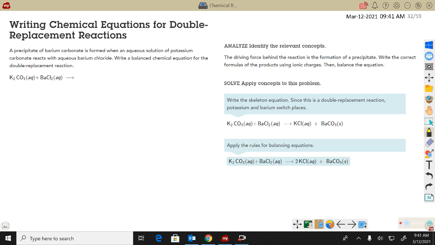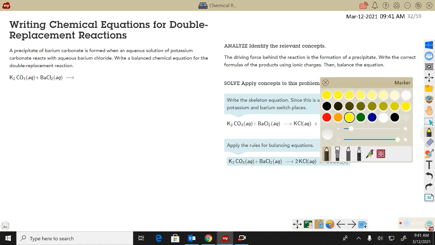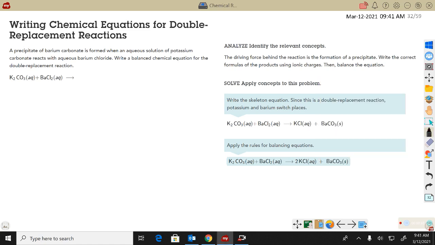Okay, so here's what I'm thinking in my head. I'm thinking I gotta find these charges. I'm obsessed with knowing all the charges. So I would start this out as potassium carbonate and barium chloride. Well, I look on my periodic table, potassium is a +1.